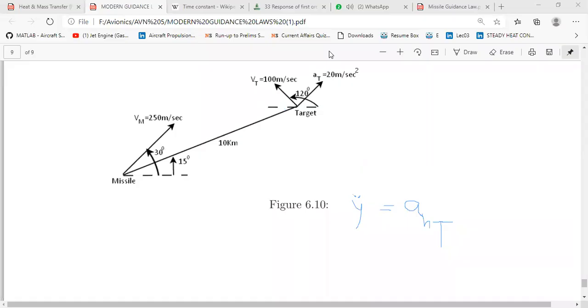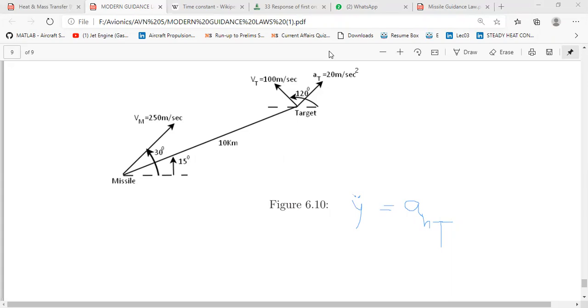Sir, A and T will be 20 sine 15, right? Cos. Yeah, sorry. Yes, it is 29.15.